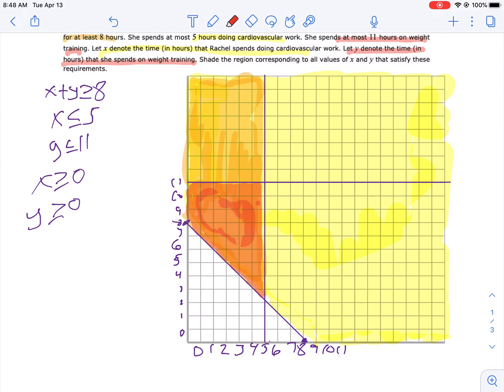And there's your solution. I didn't have to graph y is greater than or equal to 0 because of my diagonal line there going through 8. But when you graph this on the computer, if you end up in the negatives, you have to throw in the x is greater than 0 part.